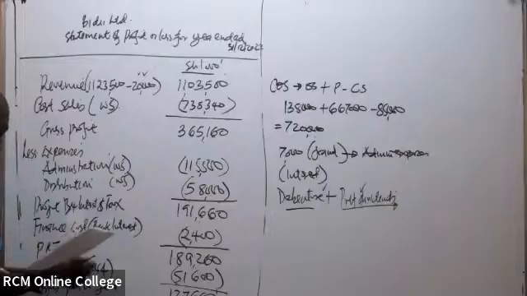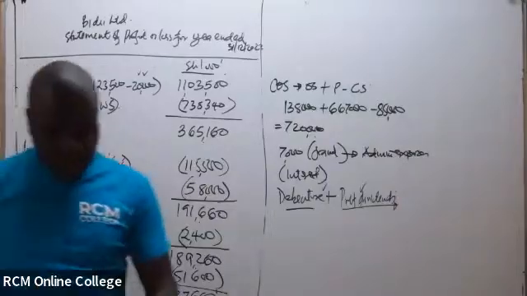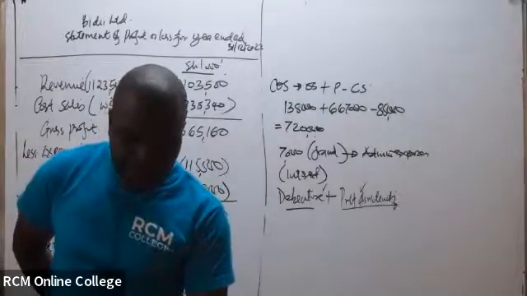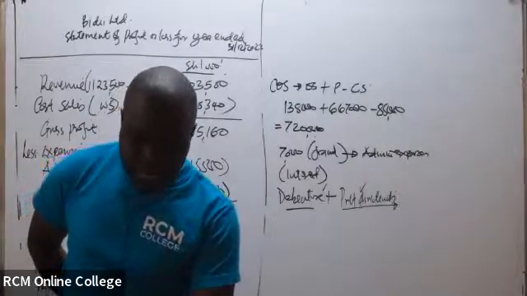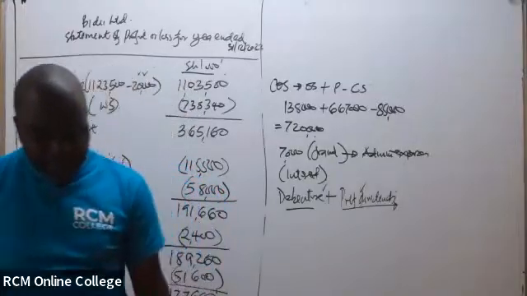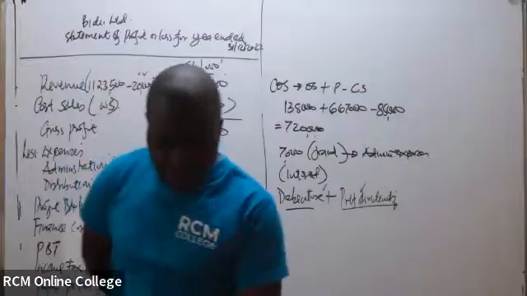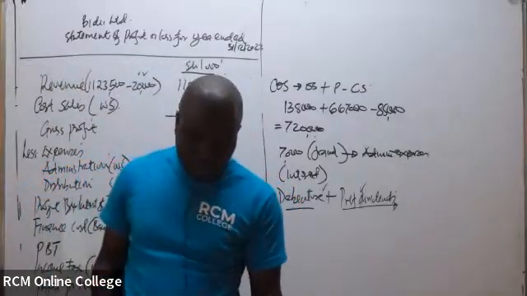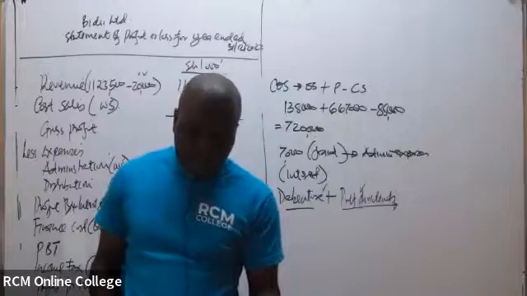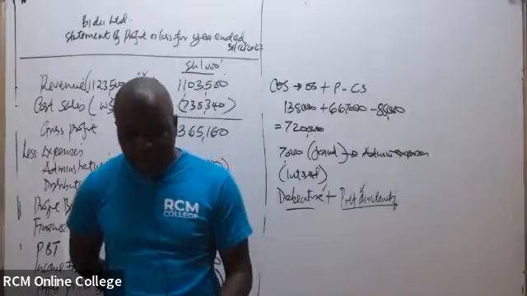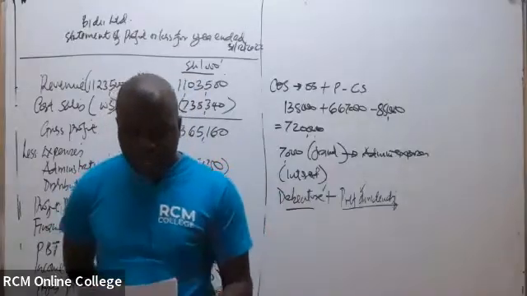Then the next item they want us to prepare is the statement of changes in equity. Ideally, we'll be looking at how the equity elements or items change. To know which are the equity elements, you have to look at the CB balance.